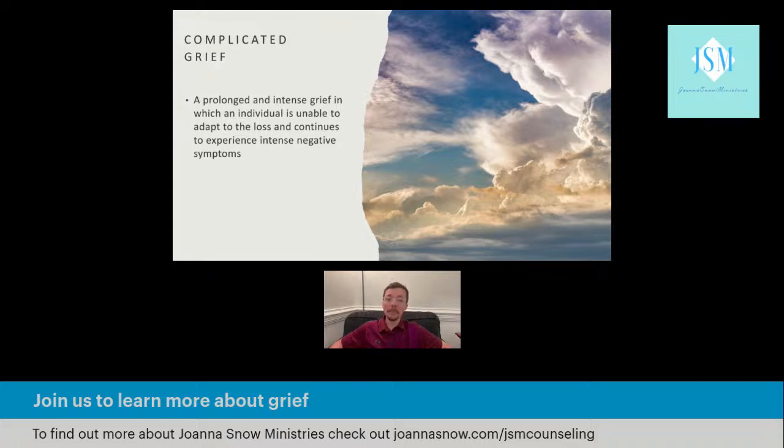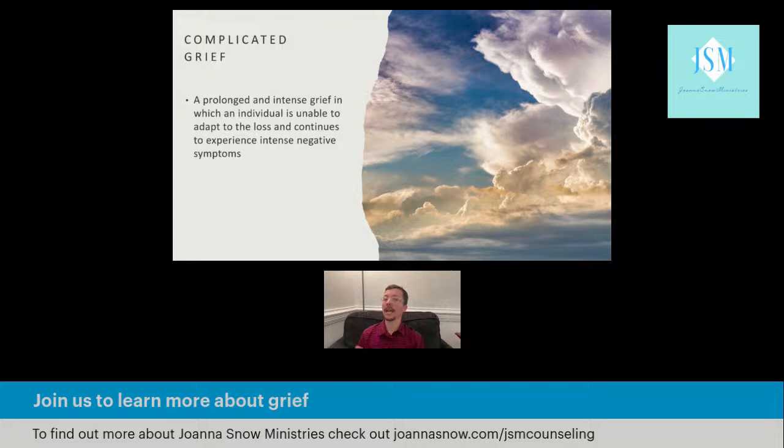I believe about 10% of people get into a place of complicated grief where they are unable to move through those stages. They're unable to move through those tasks, and they stay in this prolonged, drawn out, intense grief where the feelings of anger and bargaining, the feelings of resentment and depression, last for a long, long time.